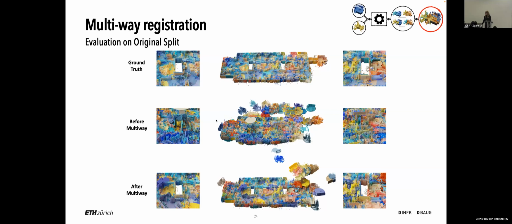So here you see the results of building this spatiotemporal map over the entire area just by considering the results of the pairwise registration, and here after the multi-way registration. I want you to focus on these particular areas here, these shafts. You can see them here in a close-up. Before the multi-way registration, things are very unclear, but once we do the multi-way registration, everything becomes way more organized, and similar for the other side as well.